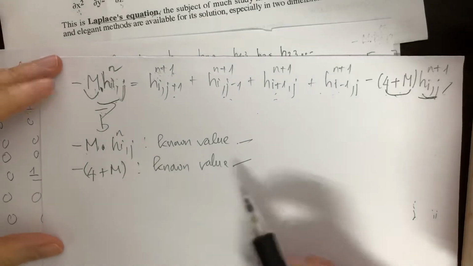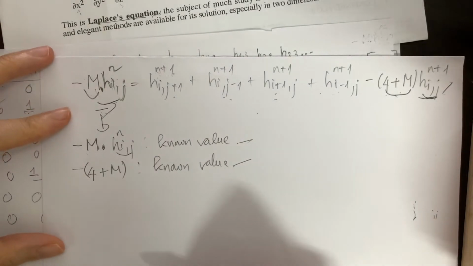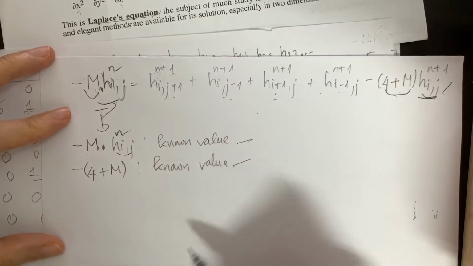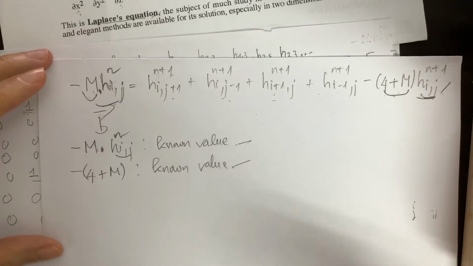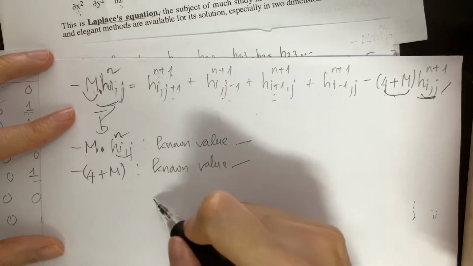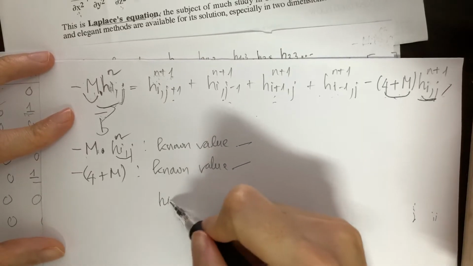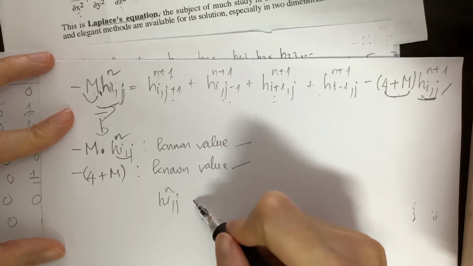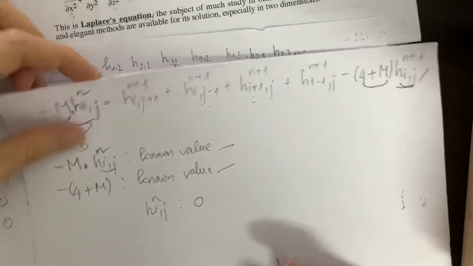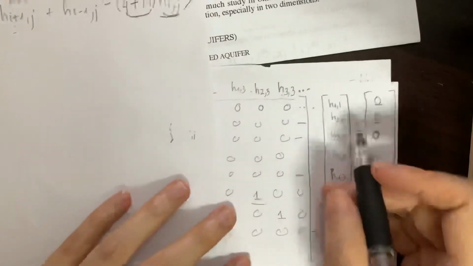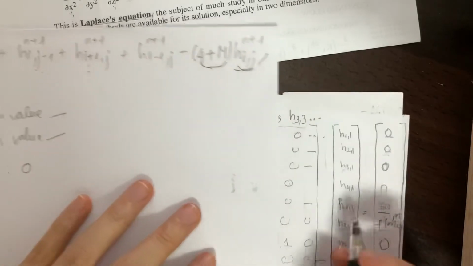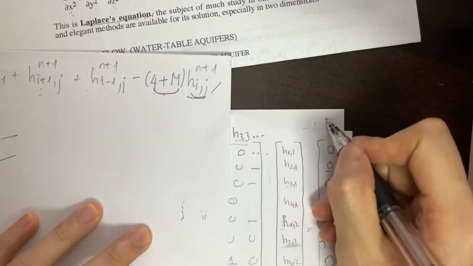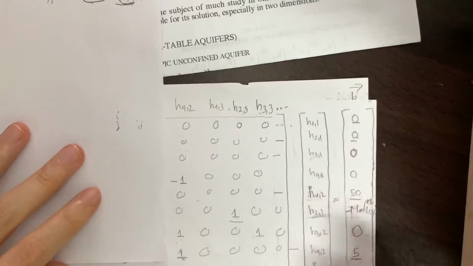Someone asked me, how about the s i j n? How can we know that? So in the beginning we will consider s i j n to be equal to 0. It will be here, in the B vector, right?